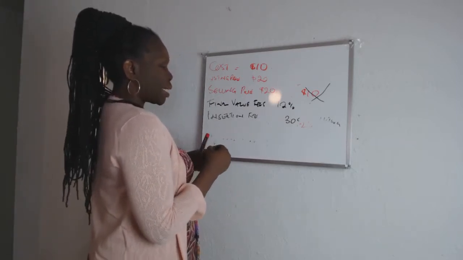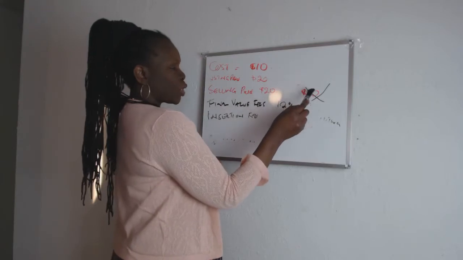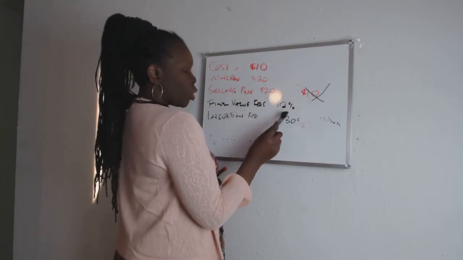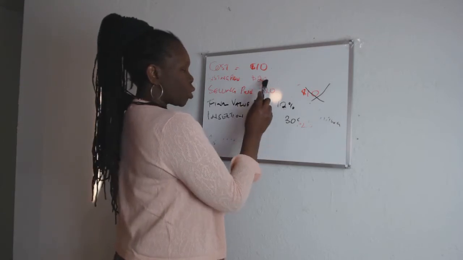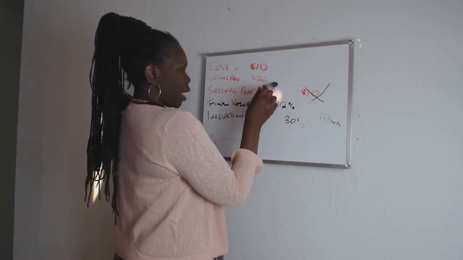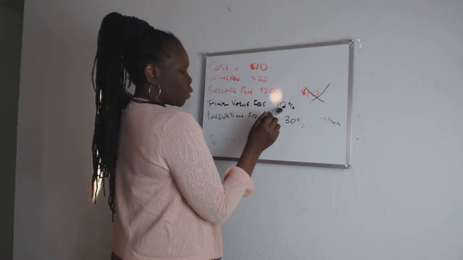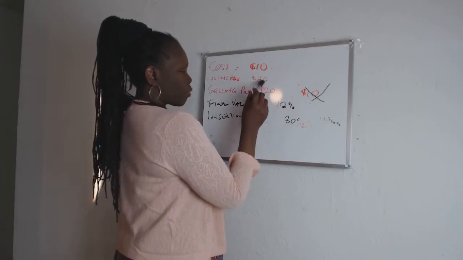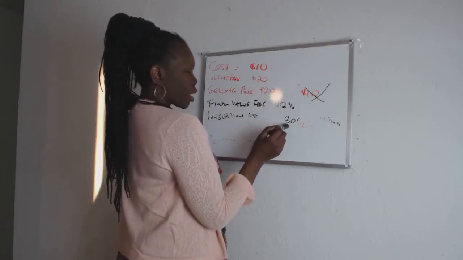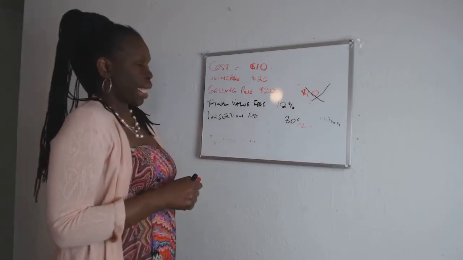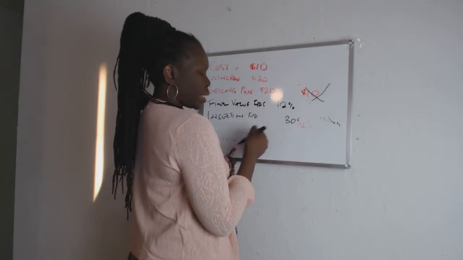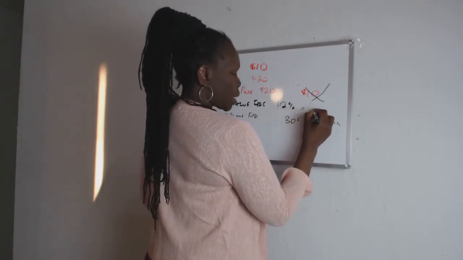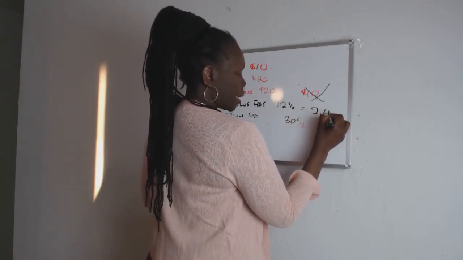So right off the bat, from that $10 that you thought you were making as a profit, you have to subtract that 12%, the 12% of 20. They always calculate it from the selling price. So you have to subtract the 12% from 20, and you also have to subtract the 30 cents. So 12% of 20 is going to be $2.40.